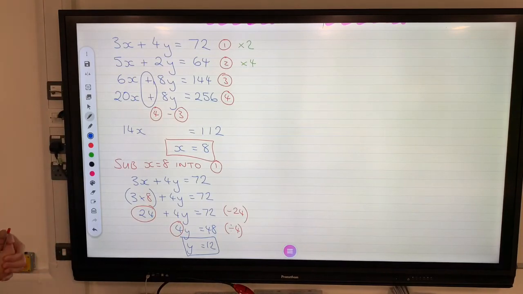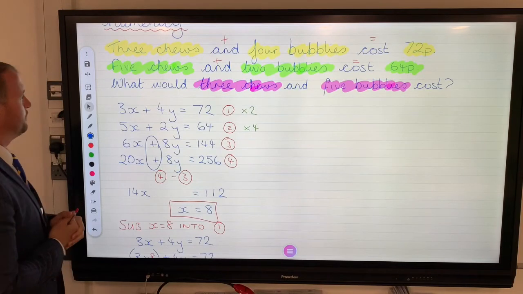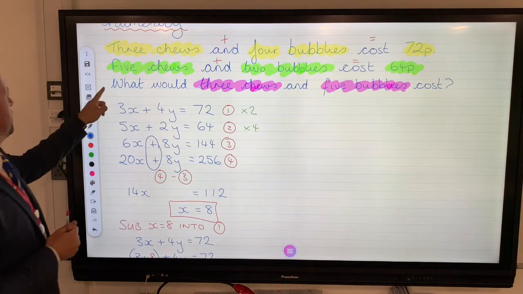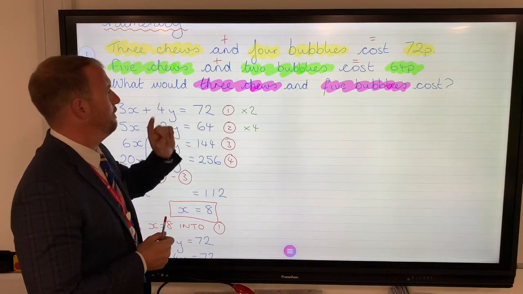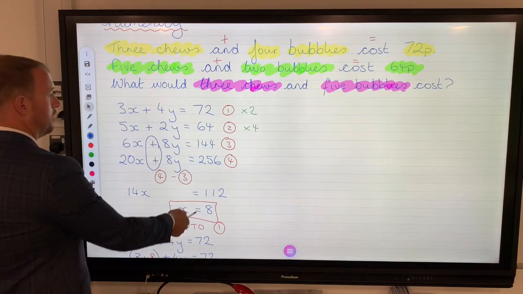So I've used simultaneous equations to solve that. However, have I answered the question? Well, this last bit here, what would 3 chews and 5 bubblies cost? Well, we know one chew is 8.